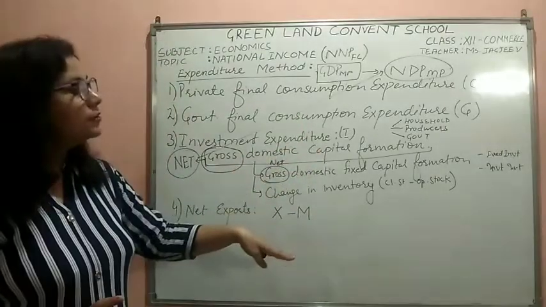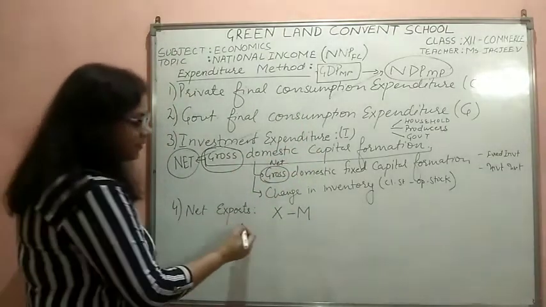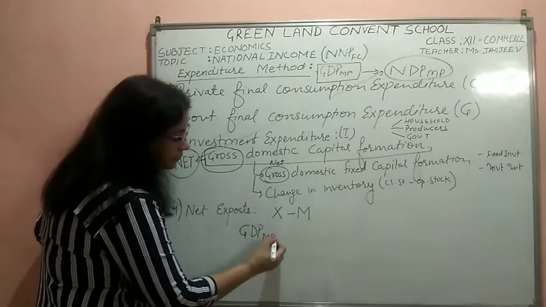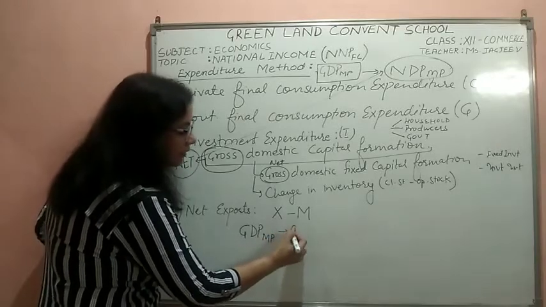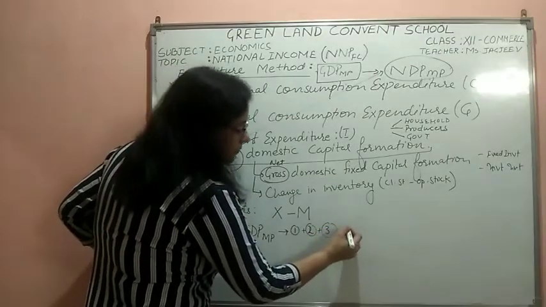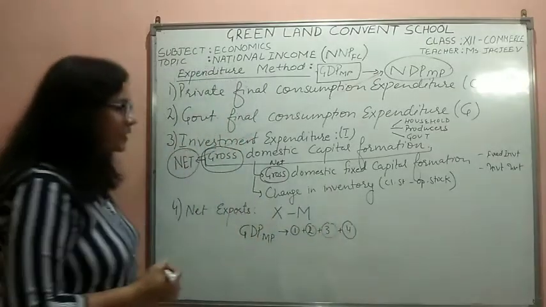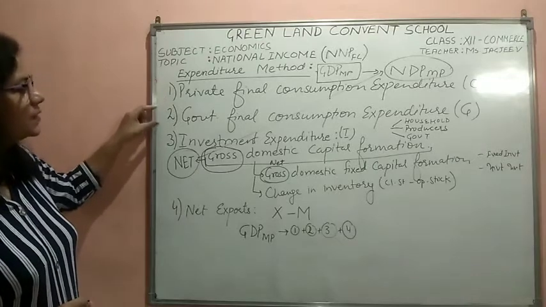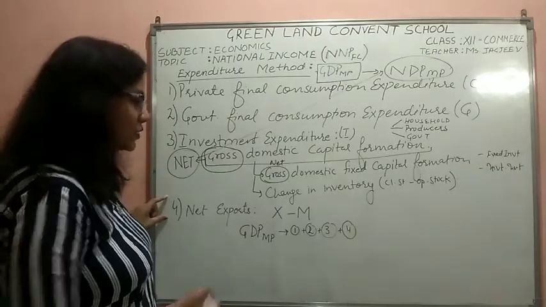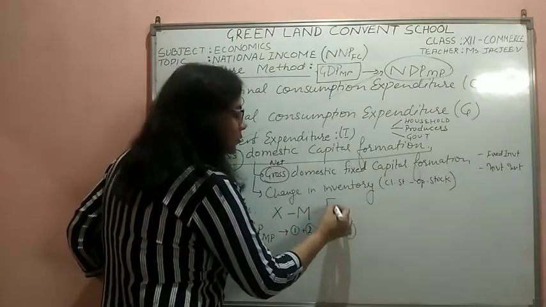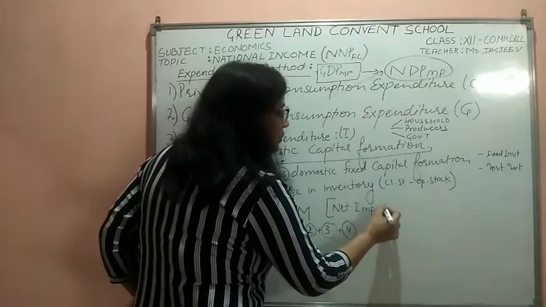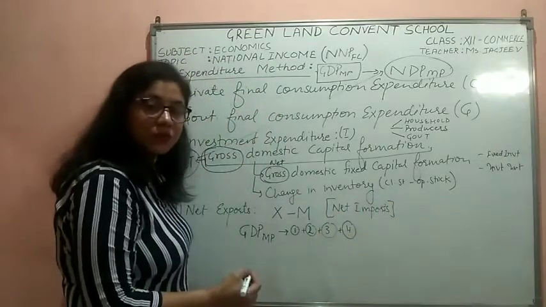Now, how will the further question proceed? We are going to get GDP at MP by adding all the four components: private final consumption expenditure, government final consumption expenditure, investment expenditure and net exports. But if instead of net exports, in the question it is given net imports, net imports means the imports are more than exports.